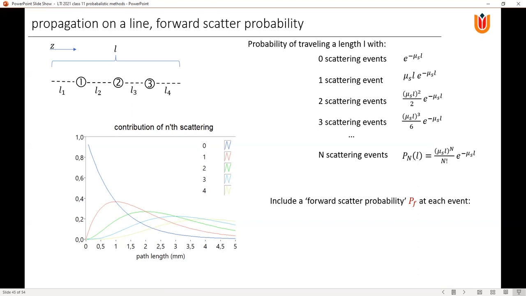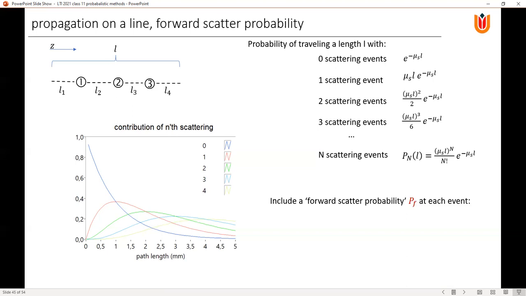So in case of this single fiber reflectance model, where we assumed that photons would scatter along a line and then be backscattered once, we would have to include not only the probability that the photon is scattered, but also a probability that the photon is scattered exactly in the forward direction.